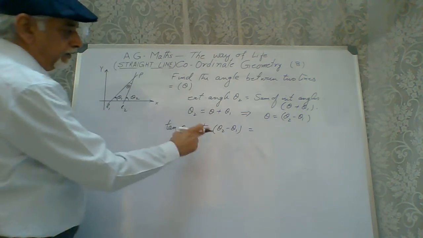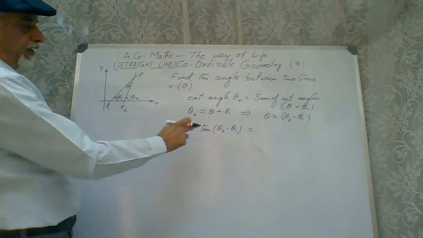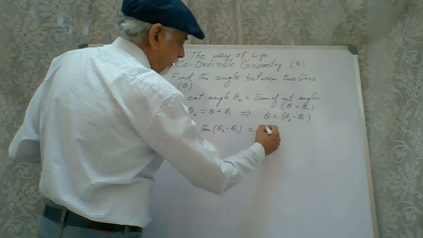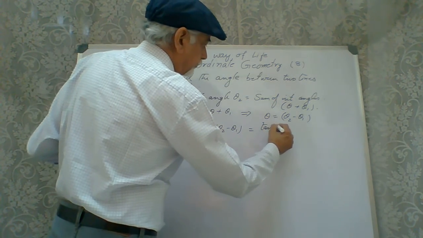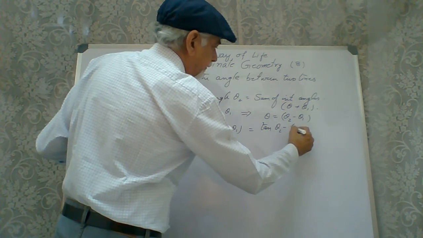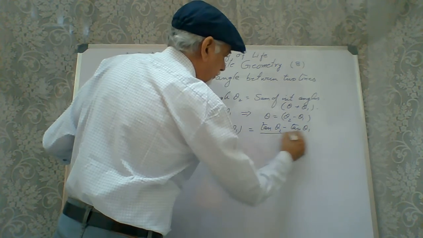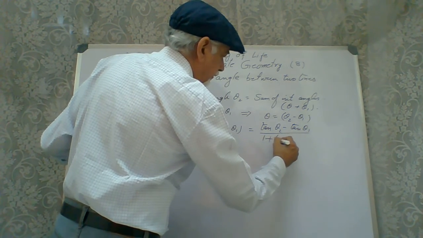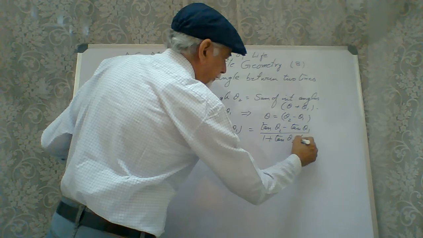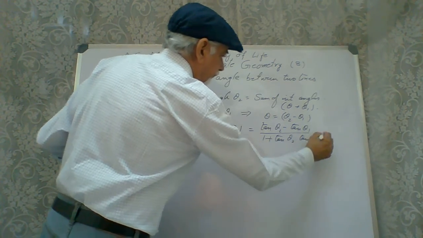And by expanding the formula for tan A minus B, as you all remember, it is tan theta 2 minus tan theta 1 over 1 plus tan theta 2 into tan theta 1.